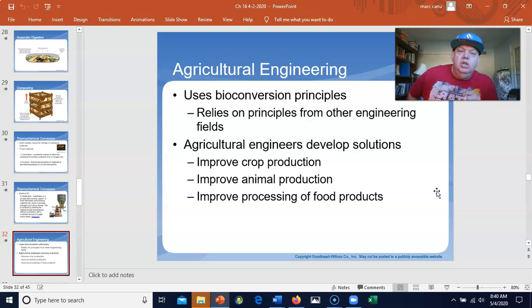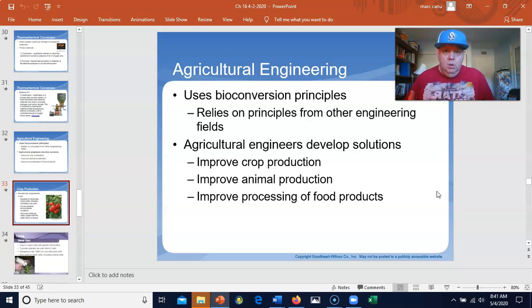All right, agricultural engineering. Again, we are using those bioconversion principles we just talked about. So we do look at principles from other engineering fields as well. And so, what's the point for agricultural engineers? Well, improving crop production, able to produce more food to feed people, improving animal production, improving the processing of food products.